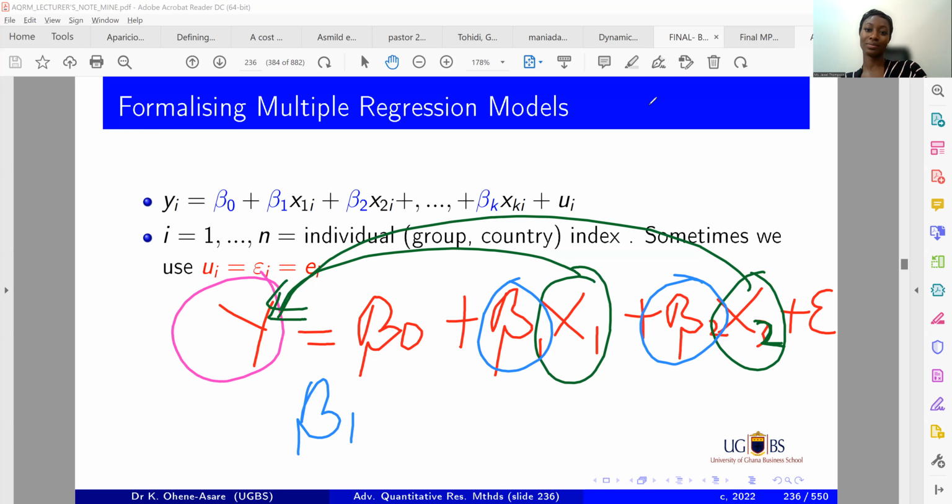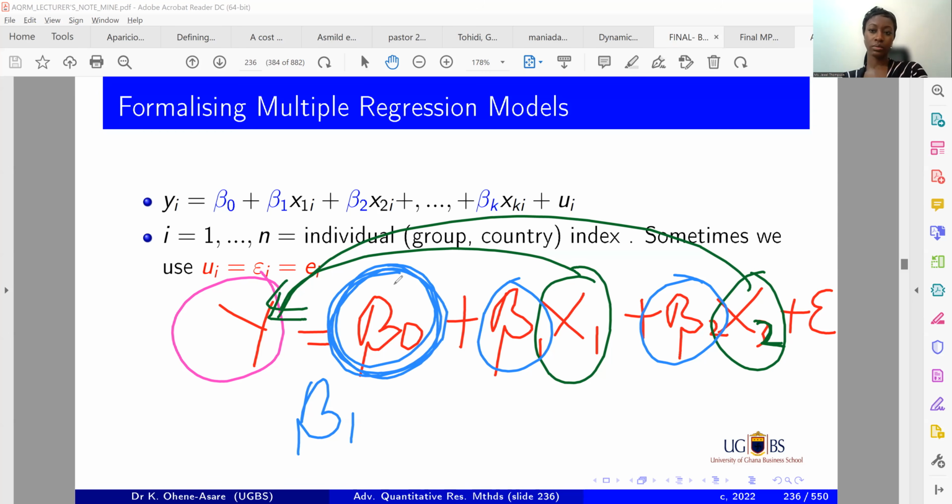What is interesting is that the essence of the whole regression model is to find those beta parameters. Now, as you can see, there's one particular beta which has no X attached to it, which means that one is not one of the independent variables.